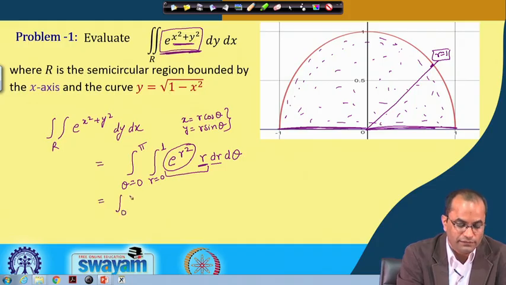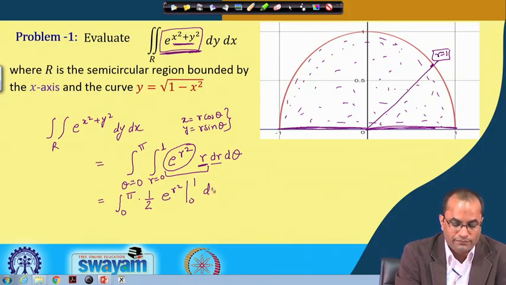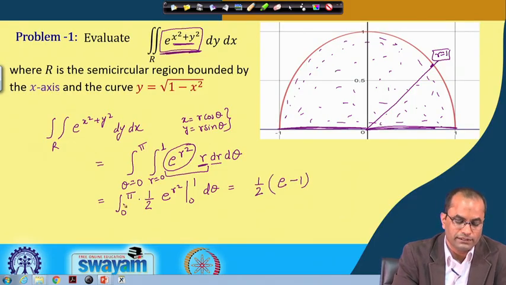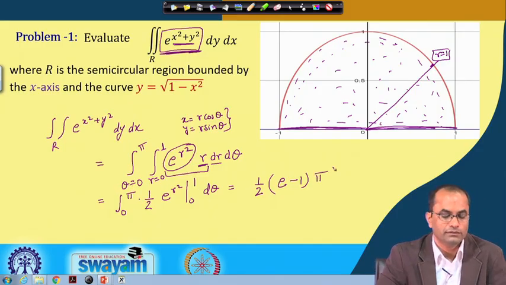So, we have theta from 0 to pi, and this will give us half, and then you have 2r here, so exactly the differential of this r square. So, this integral will be e power r square from 0 to 1, with d theta. So, this will be e minus 1 with half, and then this theta when we put the upper limit pi, there will be another pi there.